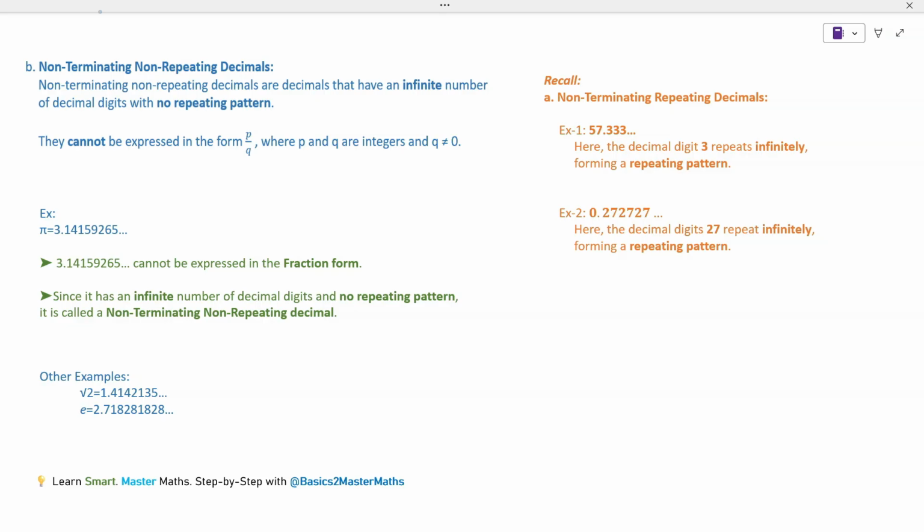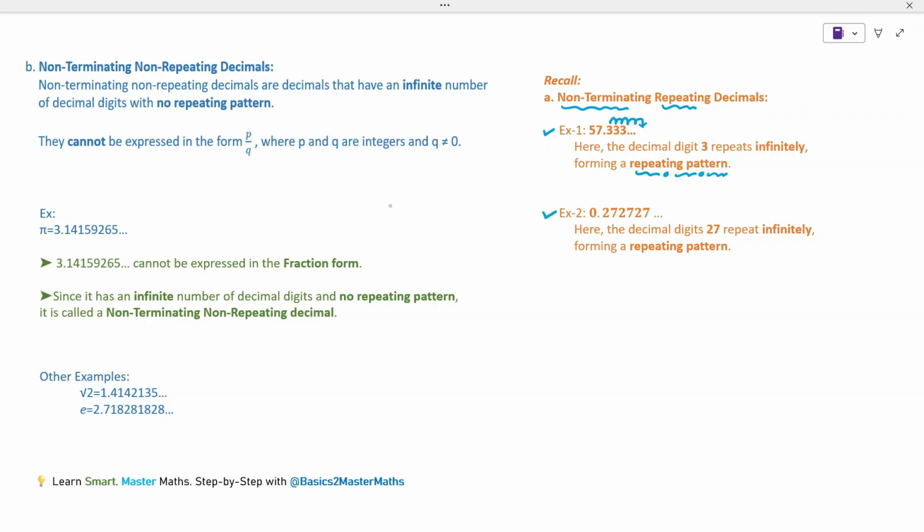In the previous video, we have discussed non-terminating repeating decimals. Observe this example. Here, the decimal digit 3 repeats infinitely and it is forming a repeating pattern. Got it?